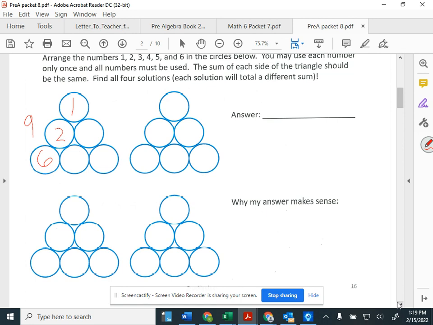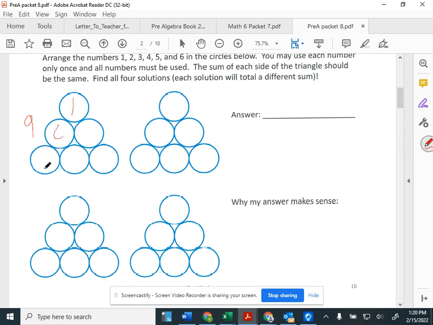But I'm going to look at that and say, wait a minute, I have a 6 in that circle. 6 plus 3 already gets me a 9. 1 and 2 is already used. Oh, that's not going to work. Because I have to put a number in every circle. And I can only use the number 1 time.